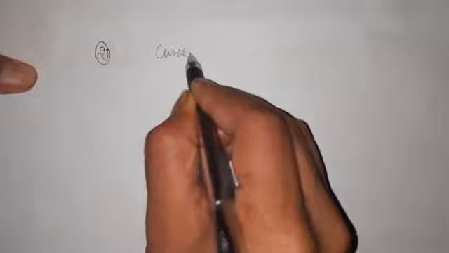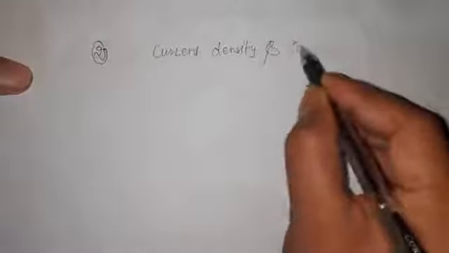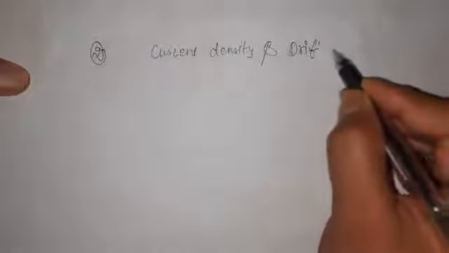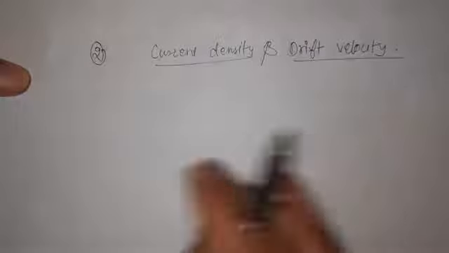Okay, now over here this is the second part of this derivation, that current density and drift velocity. Okay, so how they are related to each other? So their relationship, student, we can also derive it.